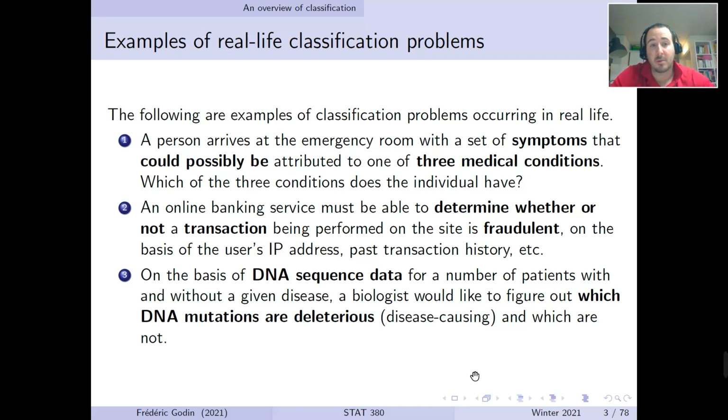Second example of a problem where the response is either 0 or 1, or true or false, is the following.